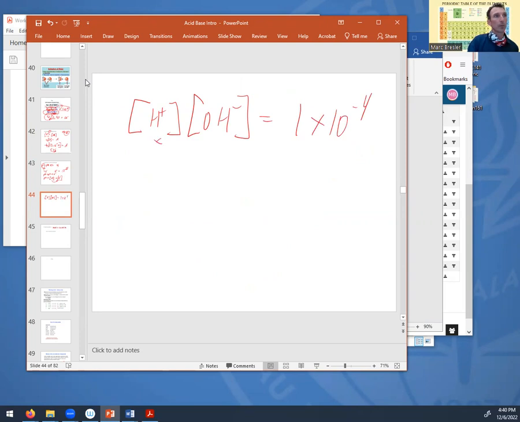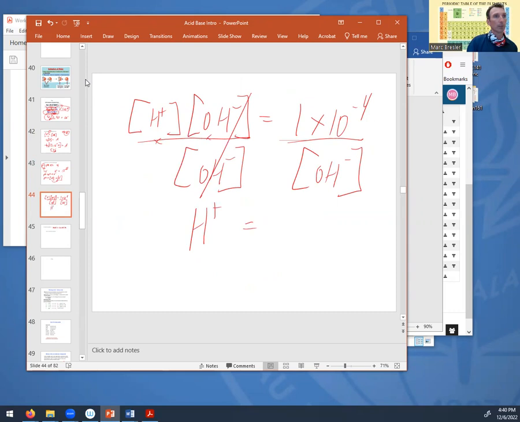So if you know one of these two and this relationship here, you can take the ratio. So that's how you can find H plus from OH minus, whatever that ends up being.